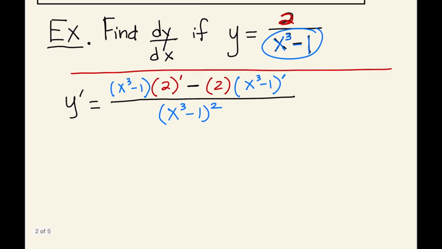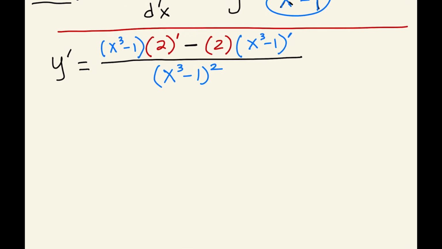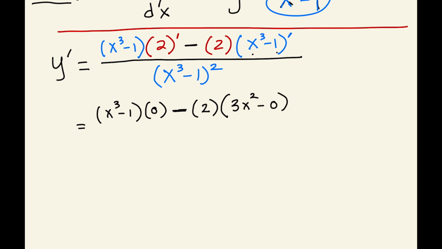Let's finish this off. This gives me x cubed minus 1 times 0, because 2 is just a constant, minus, remember, subtract for the quotient rule, 2 times the derivative of this guy, which is 3x squared minus 0. Nothing happens in the denominator; no differentiation is occurring there.